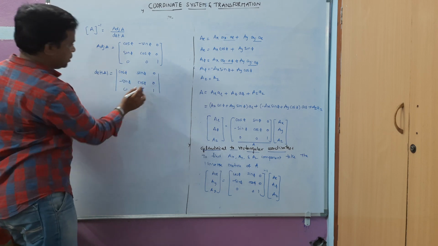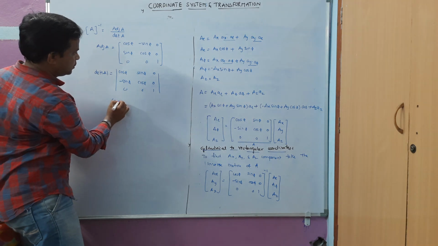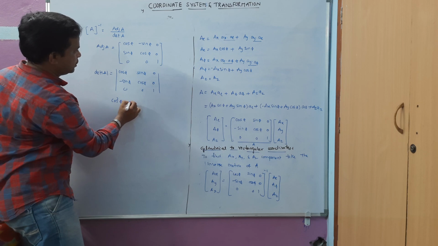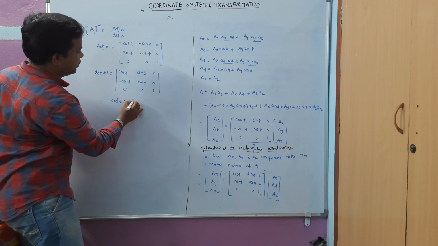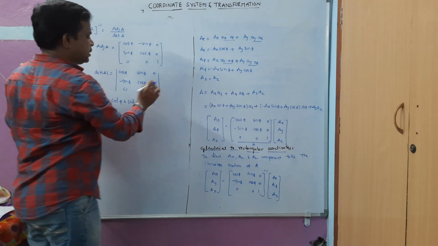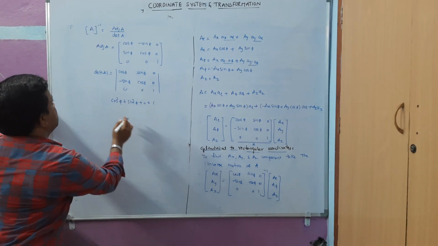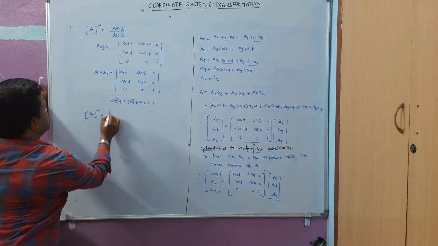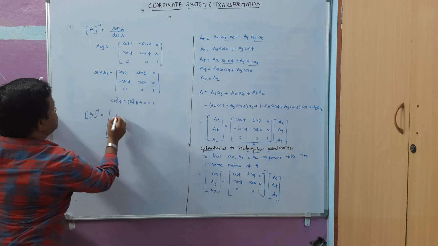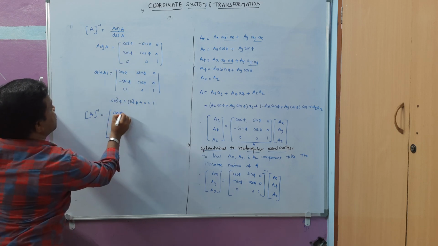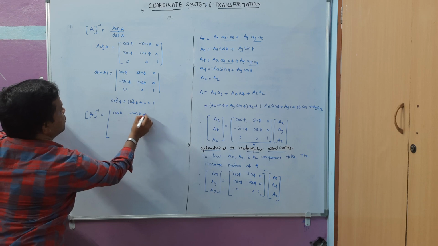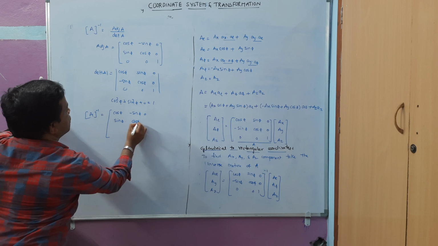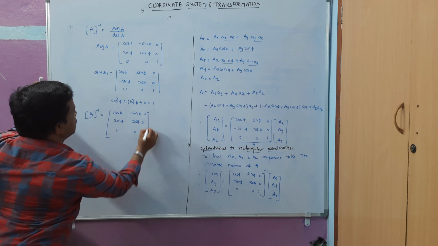So the determinant will be cos into cos is cos square phi, minus of minus plus we get here sin square phi plus 0, that is equal to 1. Okay, so anyhow the determinant is 1 here, you can check. And now I can write the inverse matrix like this. So the adjoint matrix is this one, that is cos phi, minus sin phi, 0; sin phi, cos phi, 0; 0, 0, 1.